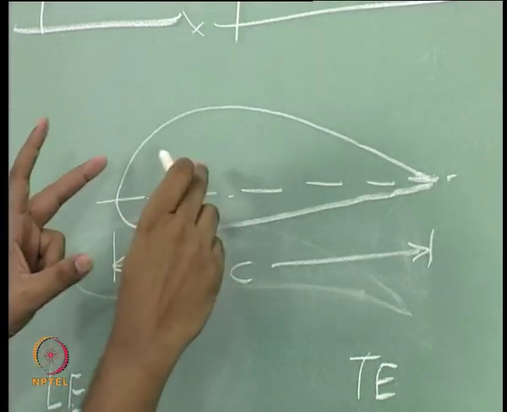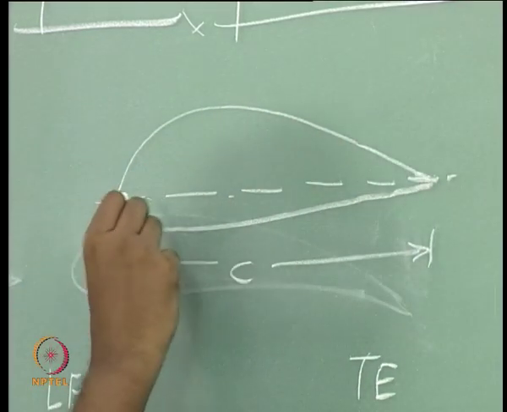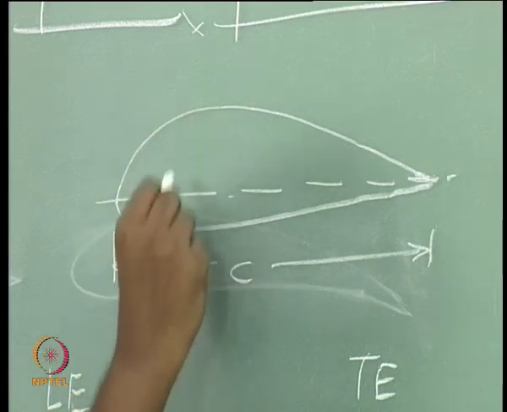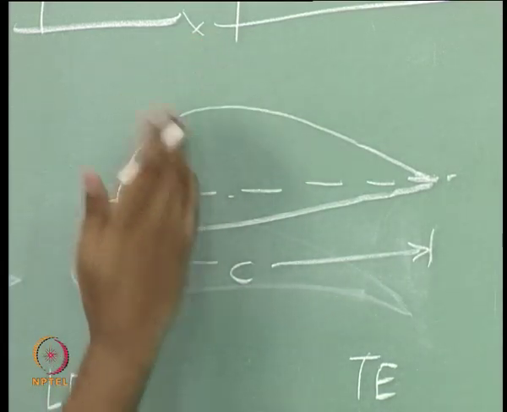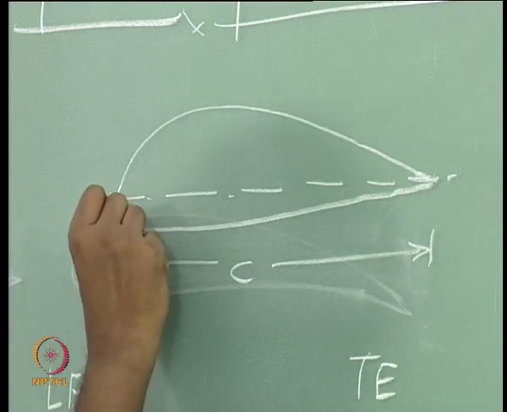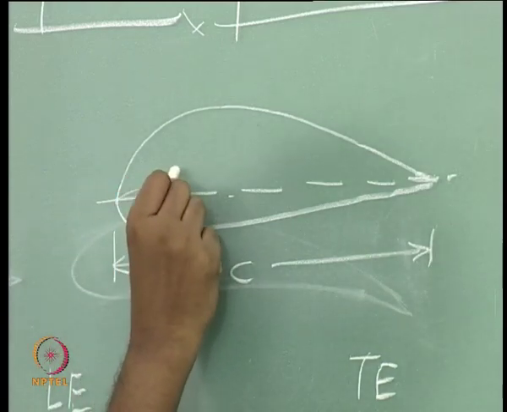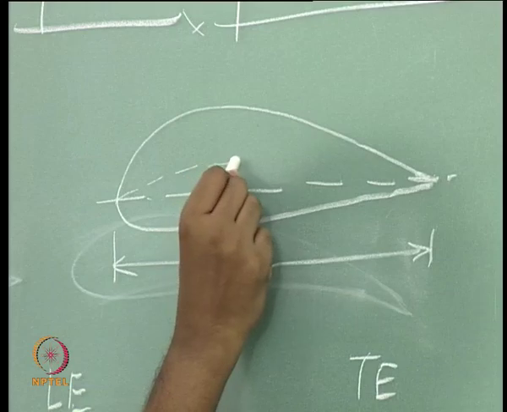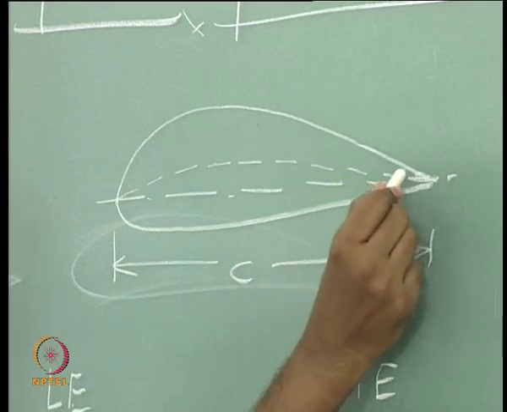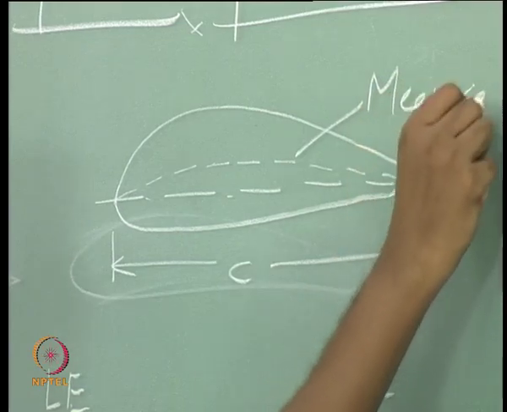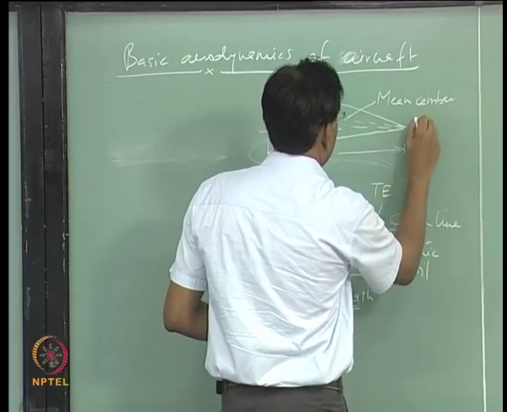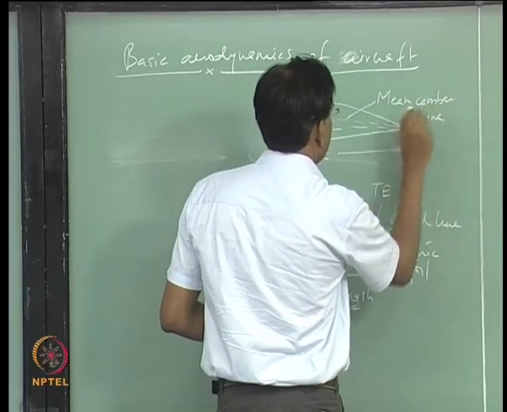We can define another curve which is joining the center of each section of this airfoil. This line is called the mean camber line.